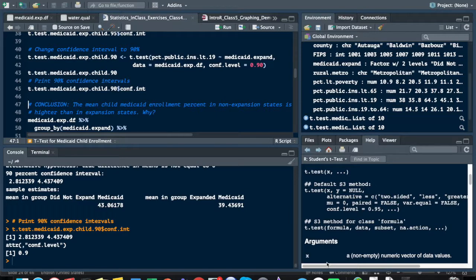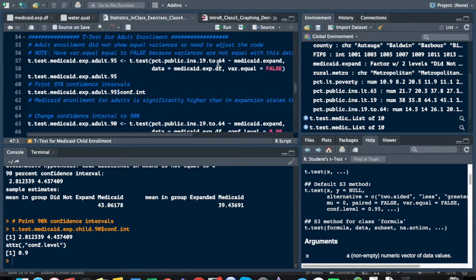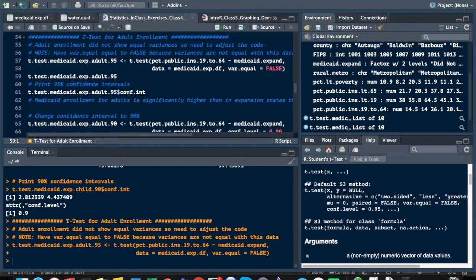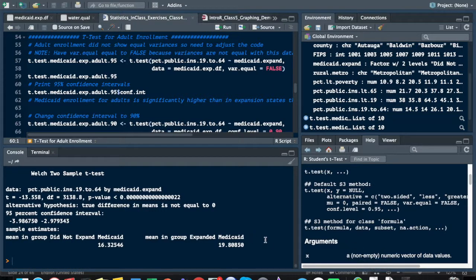I'm going to go over this output and then I'm going to give a 5-minute break. In this case, we put var.equal equals false. When you do that, it's going to put a Welch's two-sample t-test at the top. That's just the name of the test with non-equal variances. We'll see that this p-value is still very significant.